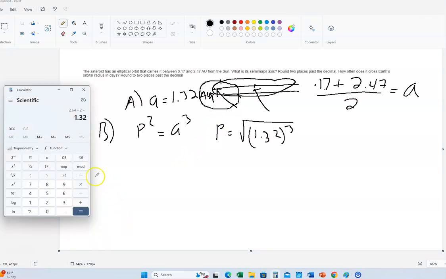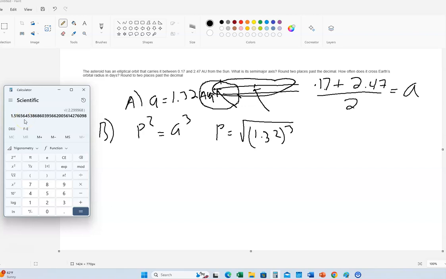Okay, so what we're going to do is we're going to figure out the number of years. All right, so here let's just do this. It's going to be 1.32 raised to the third equals, all right, and then take the square root of that. All right, so its period is about 1.52 years or something like that.